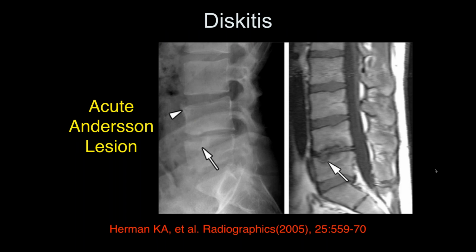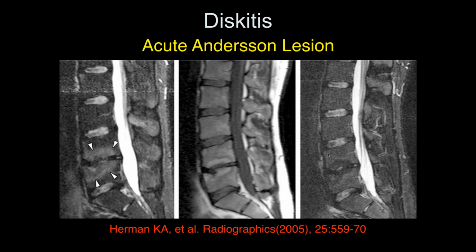And then there are Andersson lesions, and they're basically small nodes. In this case, probably trauma from activity, and then the body doesn't heal properly because of the underlying disease, and you get these exaggerated small nodes and end-plate destructive changes, which in the inflammatory world are called Andersson lesions. Acute Andersson lesions are basically a type 1 Modic change where we have little Schmorl nodes associated with them.